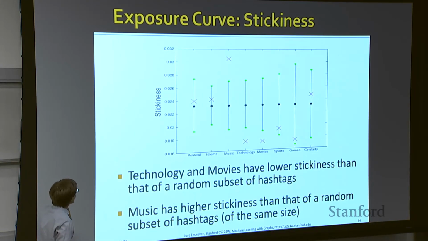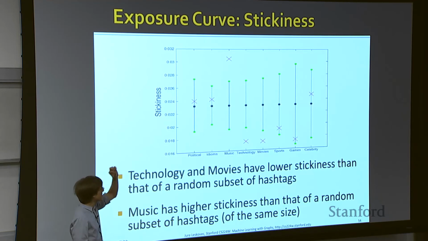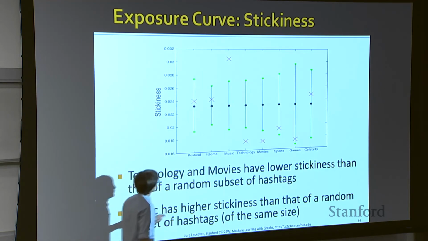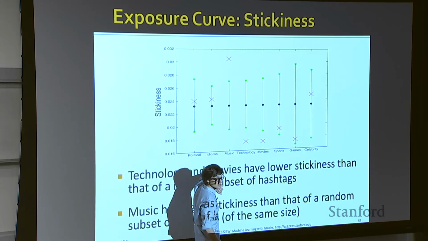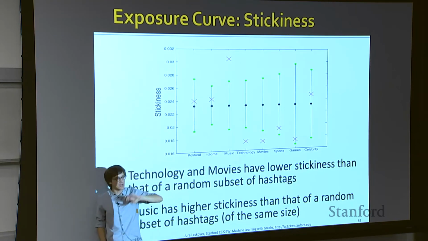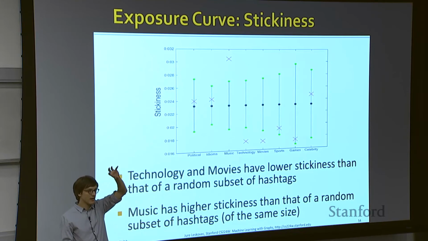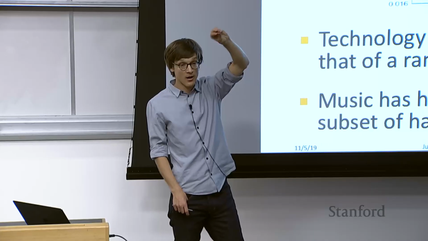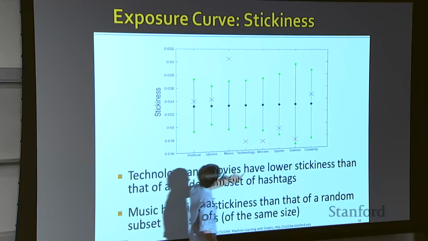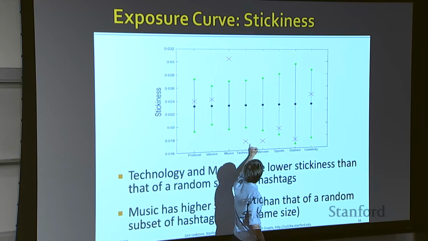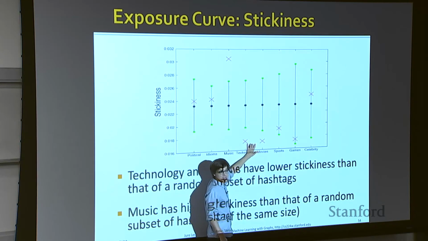And another observation is in terms of stickiness, which is the maximum infection probability. Here, for example, you notice that music is very infectious. So basically it's very event driven, right? It gets very quickly to a high level of P and then decays quickly. You notice that, for example, technology and movies have low infectiousness, right?